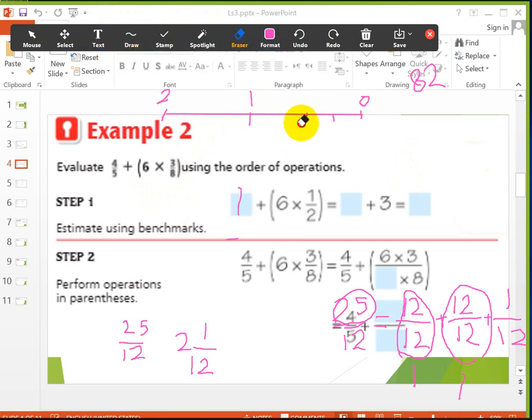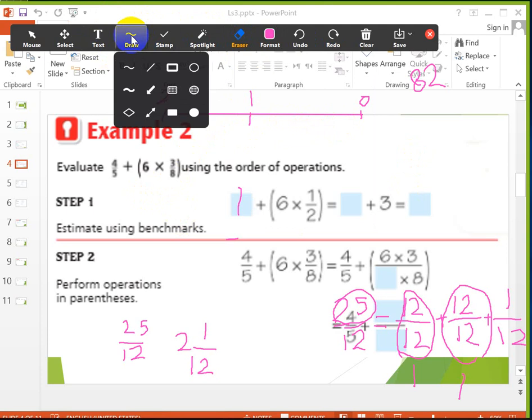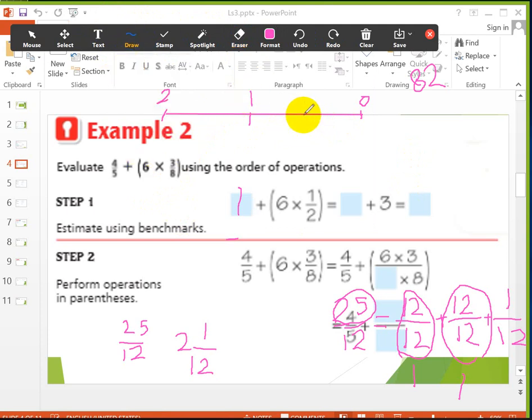I will divide this distance into 8 equal parts. Okay, this is 8 equal parts. Where is 3 over 8? I have to count 3 from the 8 equal parts. That means, let's start. 1, 2, 3.